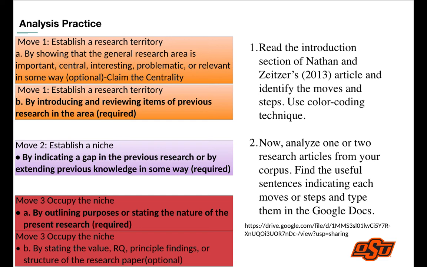I want you to open them and analyze the moves and steps with the color coding technique. Most importantly, I want you to find the sentences that indicate each move or step and type them in the Google Docs. Here's the link.